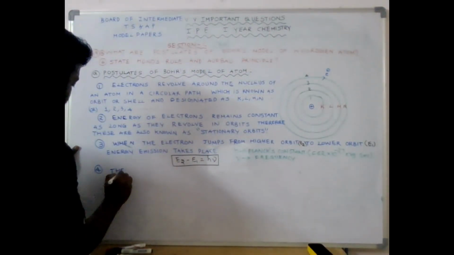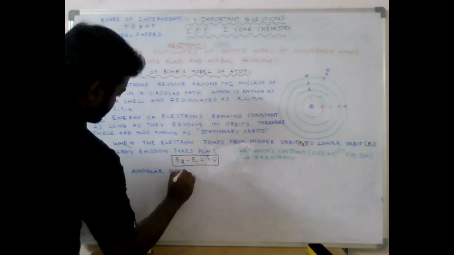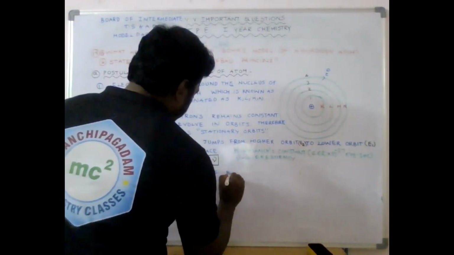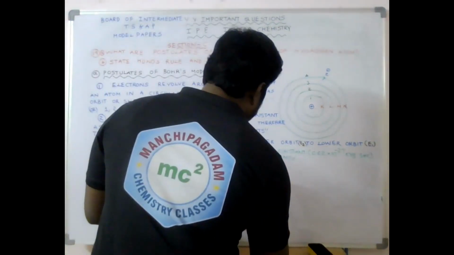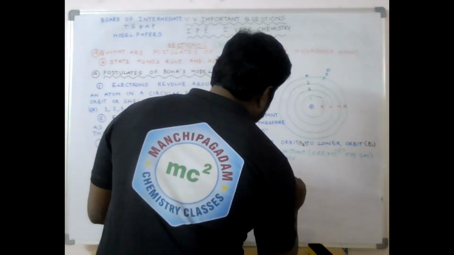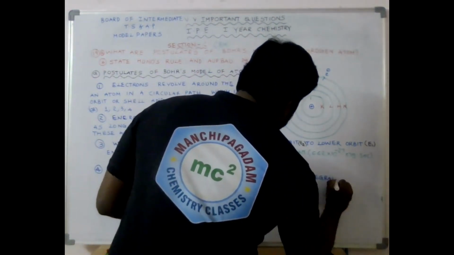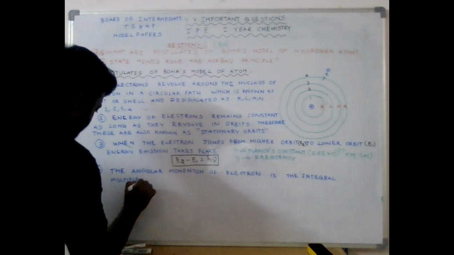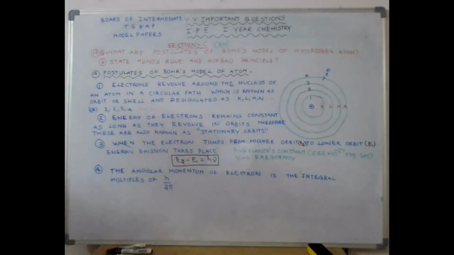The angular momentum of electron is the integral multiples of h by 2 pi. The angular momentum of an electron is the integral multiples of h by 2 pi.